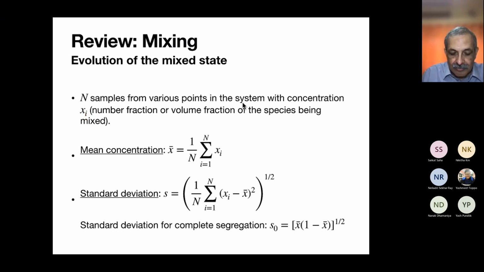Then if you have this set of numbers xi going from 1 to n, the mean concentration is just given by this. And then the standard deviation is given by this number. And we also saw last time that if you have a completely segregated system, then the standard deviation is just given by x bar into 1 minus x bar.